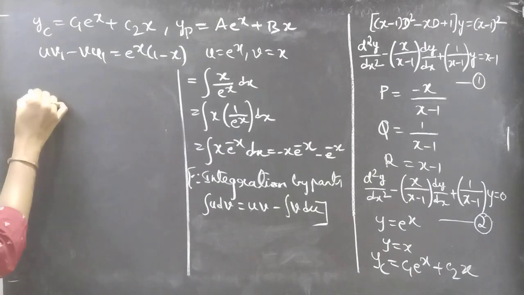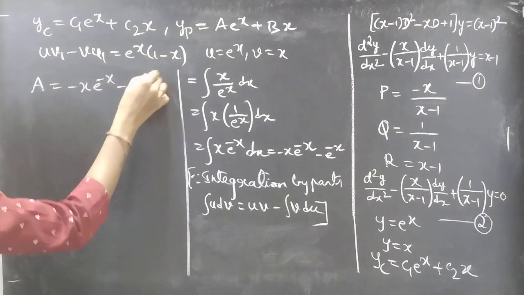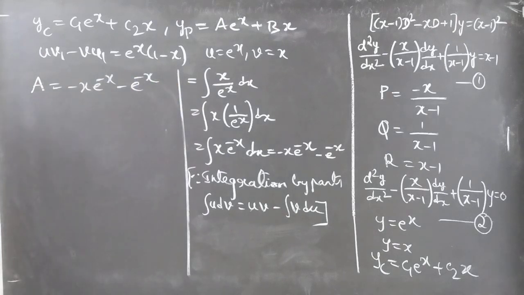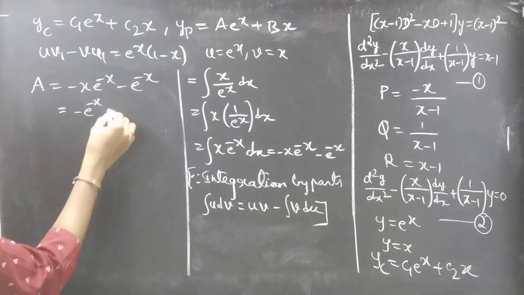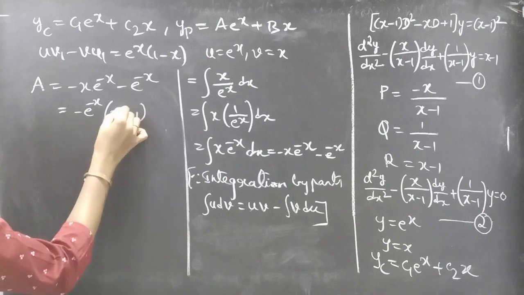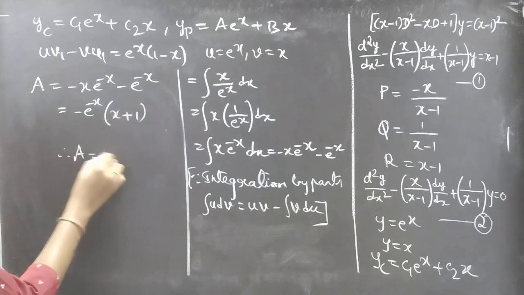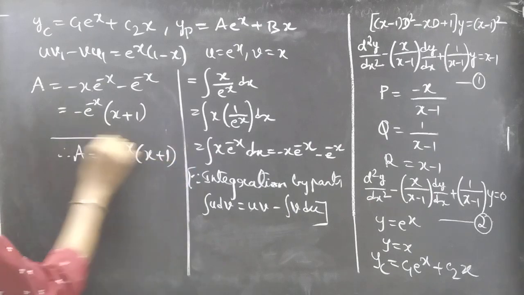We got A equal to minus x e power minus x minus e power minus x, or we can take minus e power minus x common from these two terms. We'll get minus e power minus x times x plus 1. Therefore A equals minus e power minus x into x plus 1.